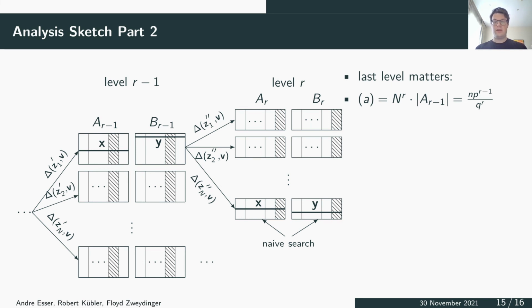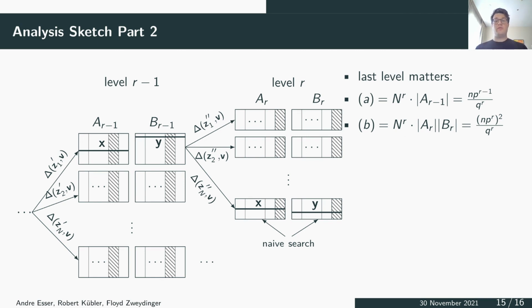Now the value b is actually not that hard to understand, because we do not just construct the last layer. No, we have to apply the naive search on it. Meaning for every leaf we have to pay the runtime of the size of the two input lists we are applying the naive search on, resulting in exactly the value b.